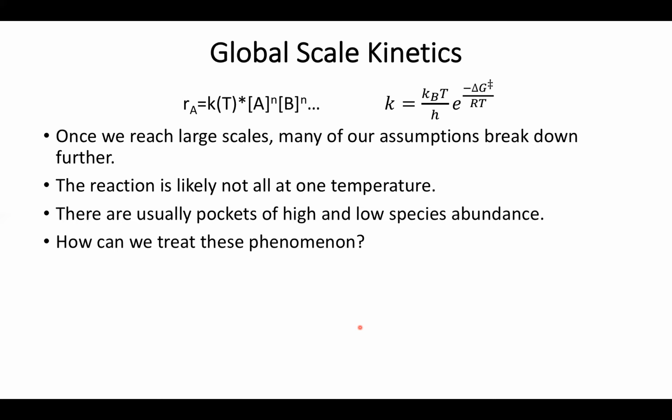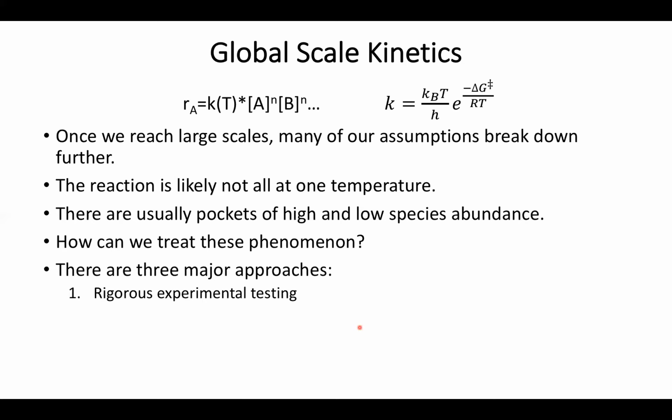Practically, we often try to mix our solutions as well as do our best to model temperature transfer within a system. But in terms of trying to figure out their influence on rates, the best approach is just simple, rigorous experimental testing.